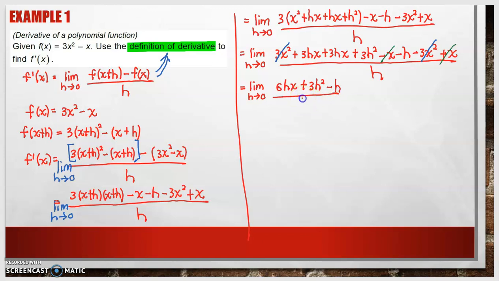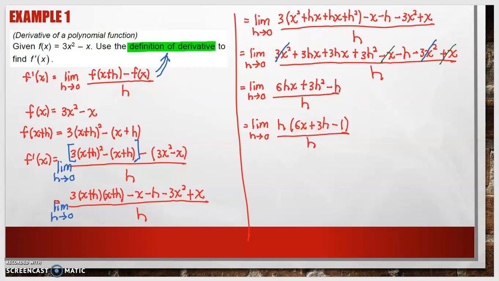You can see that in the numerator, each of the terms has a multiple of h. So next, I factorize h. If I factorize h, here I have 6x, here I have 3h, and here is minus 1, all over h.